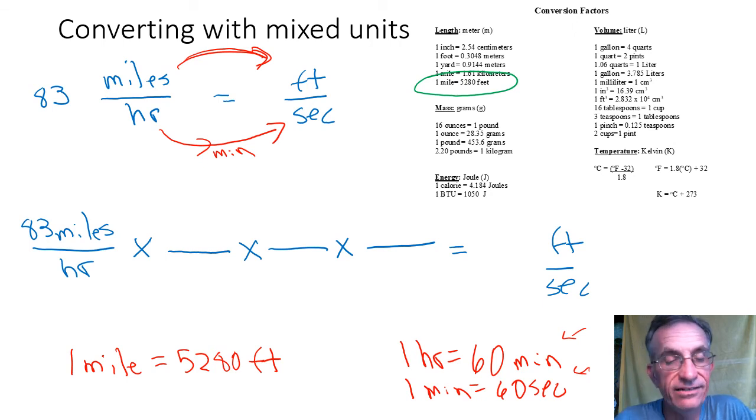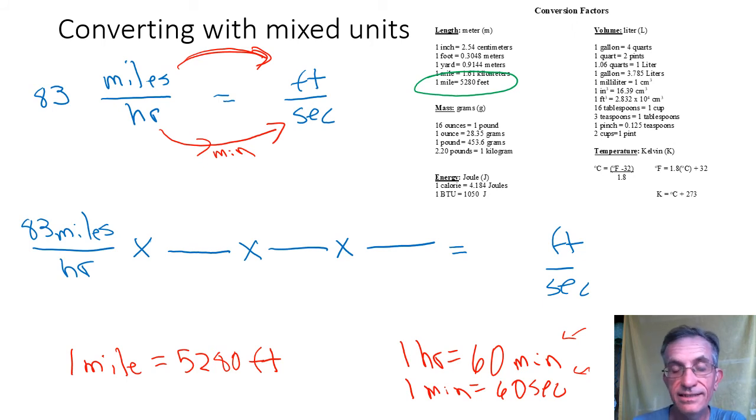So same idea as before, right? You're going to get the unit to cancel until you end up with the one you want. So miles. Let's make miles cancel out. If you're going to make the miles cancel out, what number goes on the top right here? If I want miles to cancel, what goes up top here?